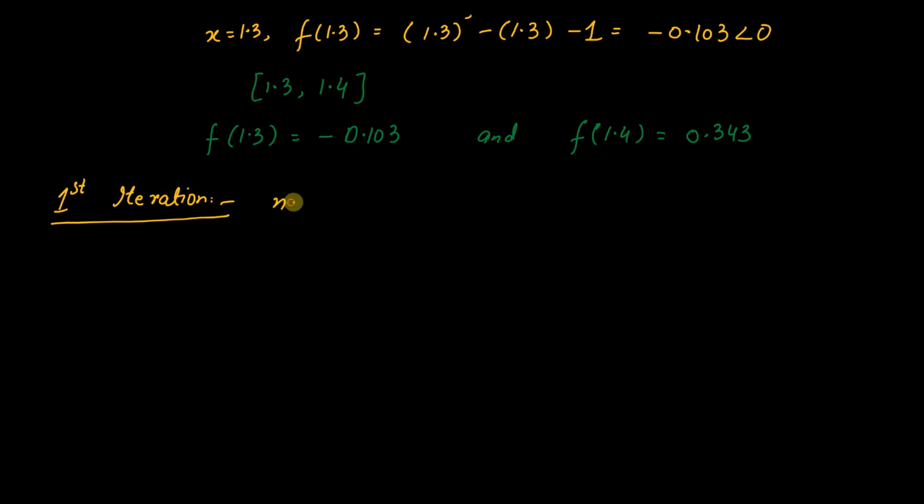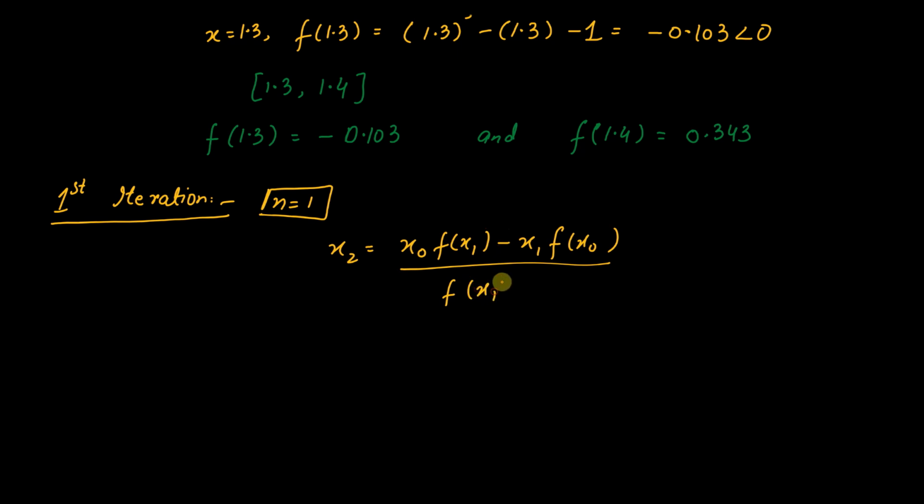So in that case, I am substituting n is equals to 1. So the customized formula would be x2 that is equals to x naught f of x1 minus x1 f of x naught over f of x1 minus f of x naught. So this is our x naught, and this is our x1.